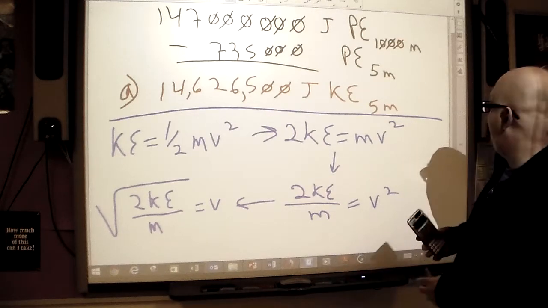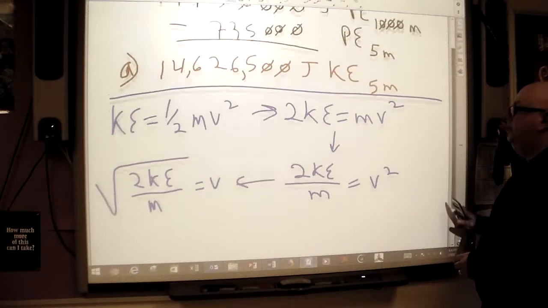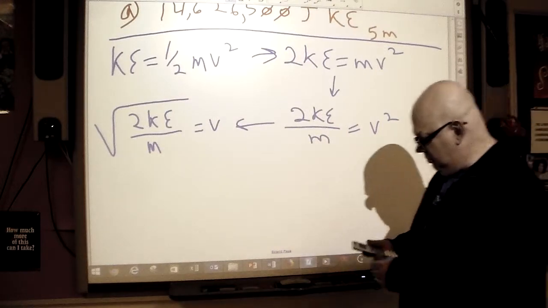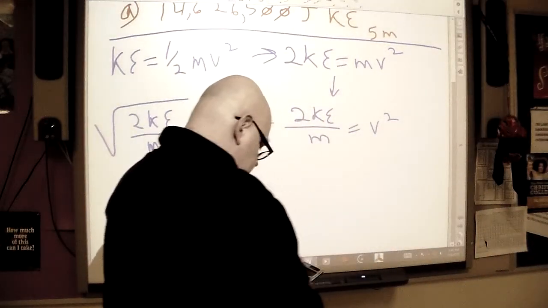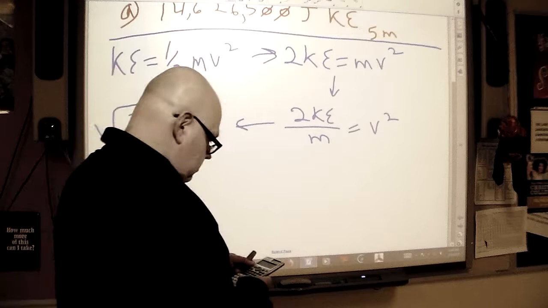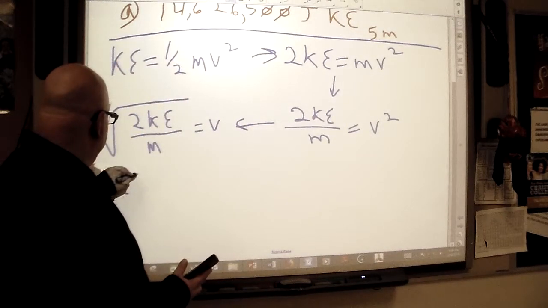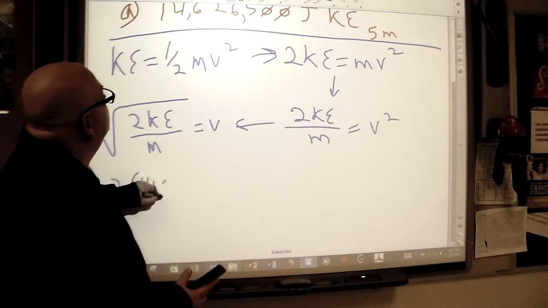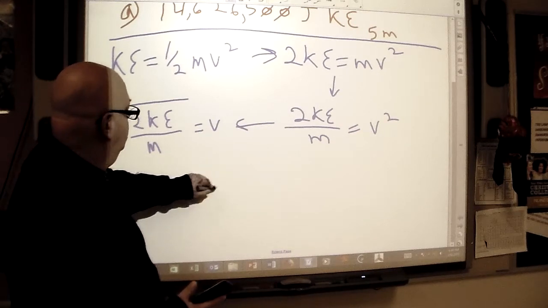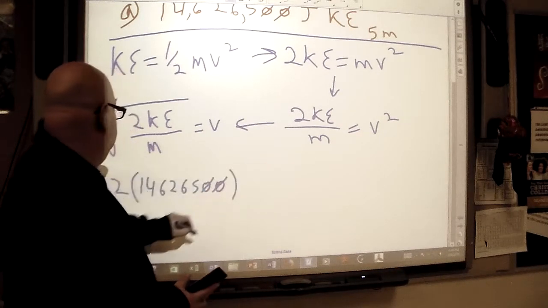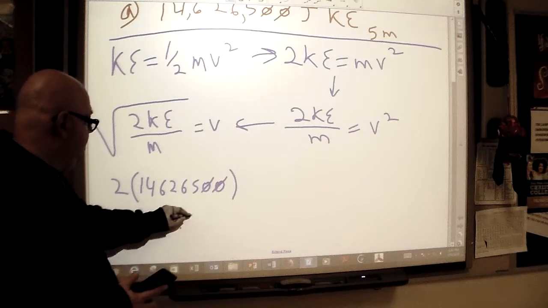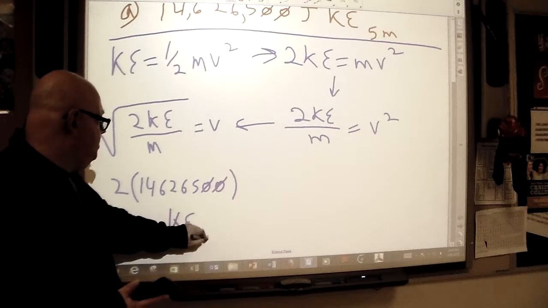So what we have here, if we punch in the numbers, I multiplied 2 by 14,626,500. This is our energy, the kinetic energy at the 5 meter mark.